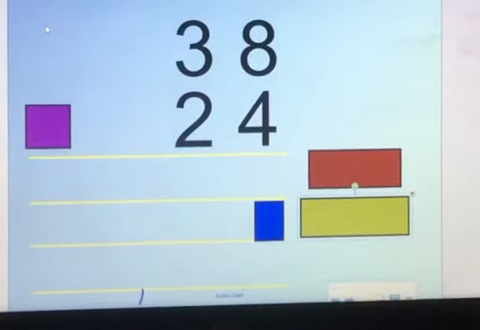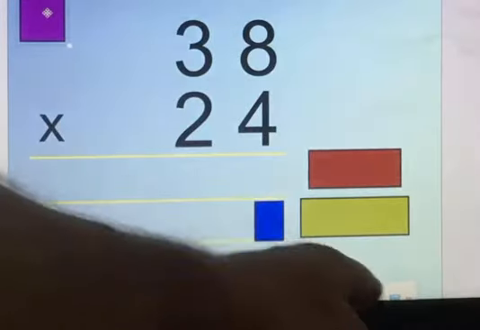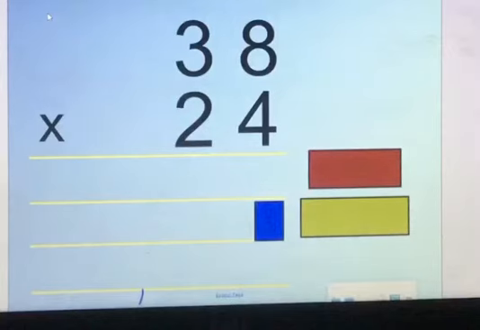Okay, the question is 38 times 24. I want you just to tell the screen what you think is under the purple square. It's the multiplication symbol. Now I want you to tell me what's under the blue rectangle. And it's the placeholder, and that needs to go in before you do any maths.